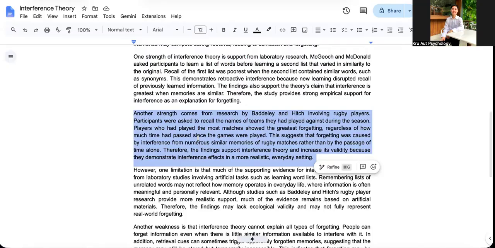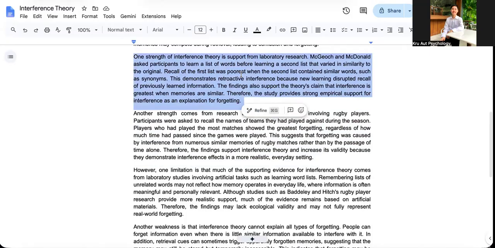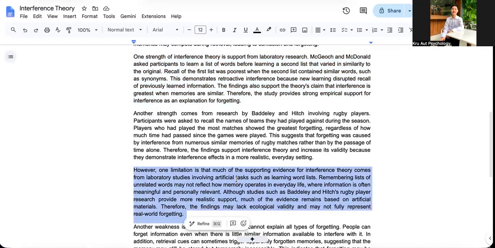We want the idea that the theory is not just from lab studies, it's from real life studies too. And with that being said, in the weakness, we can evaluate the studies from the strength, and say the first study is lab, so it means that the first study lacks ecological validity. But I tend to try not to, okay, I mean I use that.